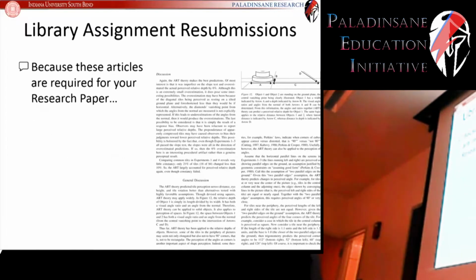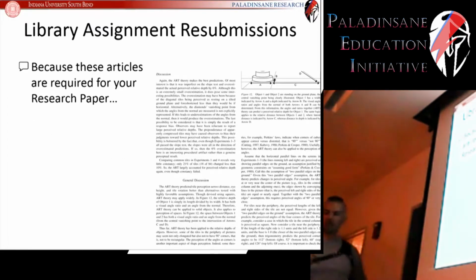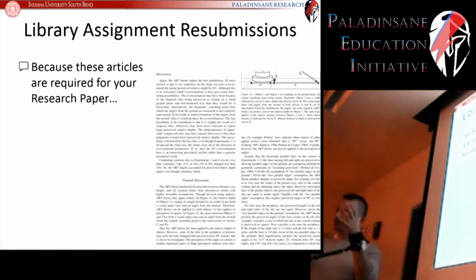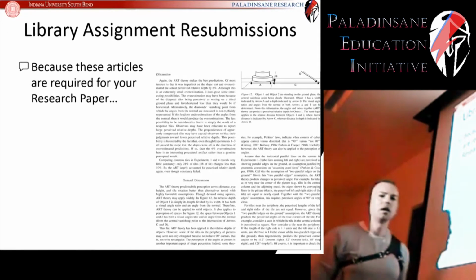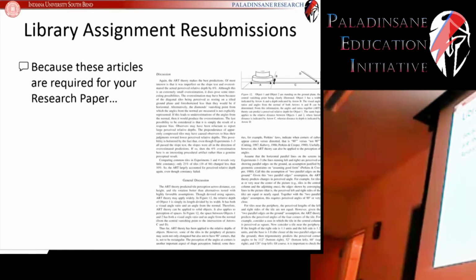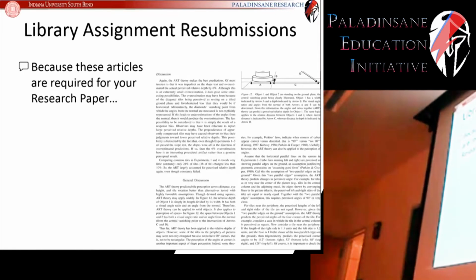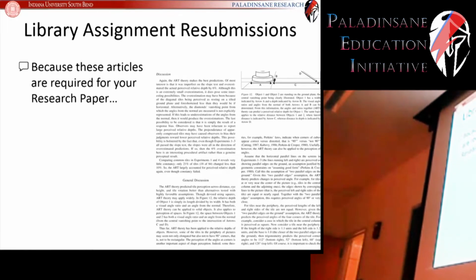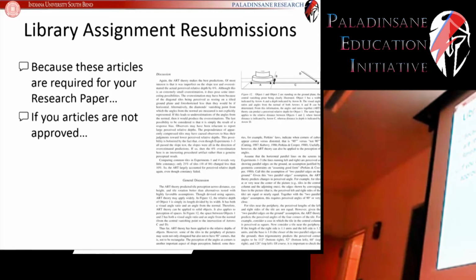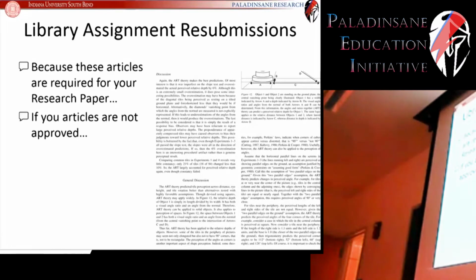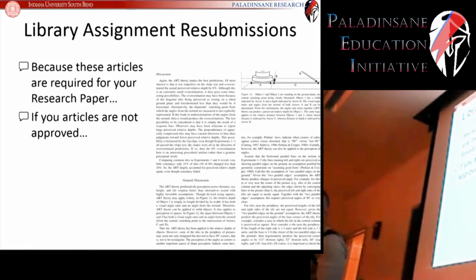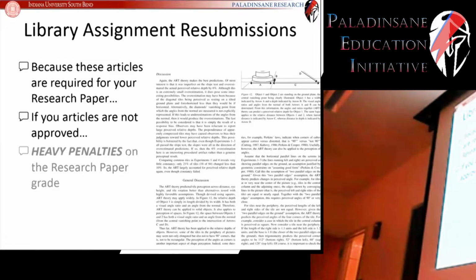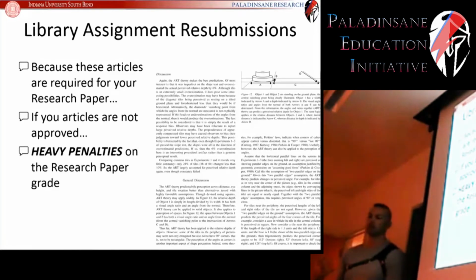The reason we're doing this is because we need that background information. We need the ability to go to the literature to write our research paper. Because of that, these articles are required for your research paper. I want everybody to be very aware that if your articles are not approved, so if you don't go through this process, then there are heavy penalties on the research paper.